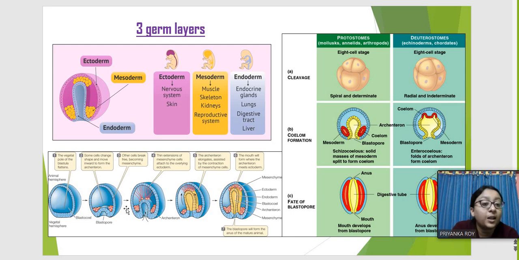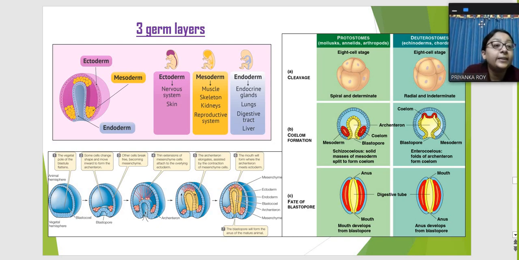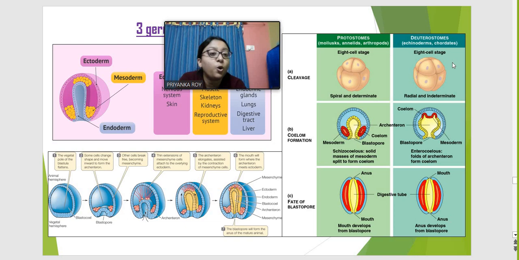And whether this blastopore will form the mouth or the anus in a growing organism decides whether this will be a protostome or a deuterostome. So in protostomes, for example mollusks, annelids, arthropods, the cleavage is spiral, and in deuterostomes the cleavage is radial.